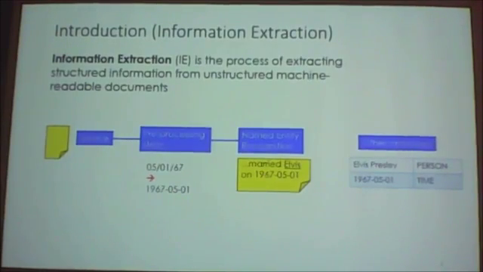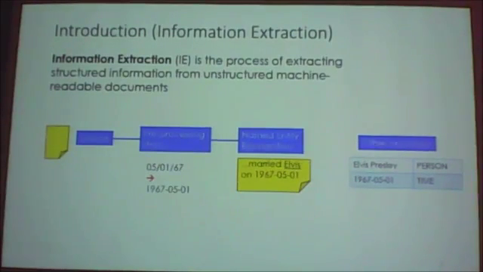So name entity recognition is a part of a bigger picture, which is the information extraction field. Information extraction is the process of extracting structured information from unstructured machine readable documents. For example, the source document will serve as an input to the processing steps to normalize the text, and then pass to the name entity recognition to identify the name entity.